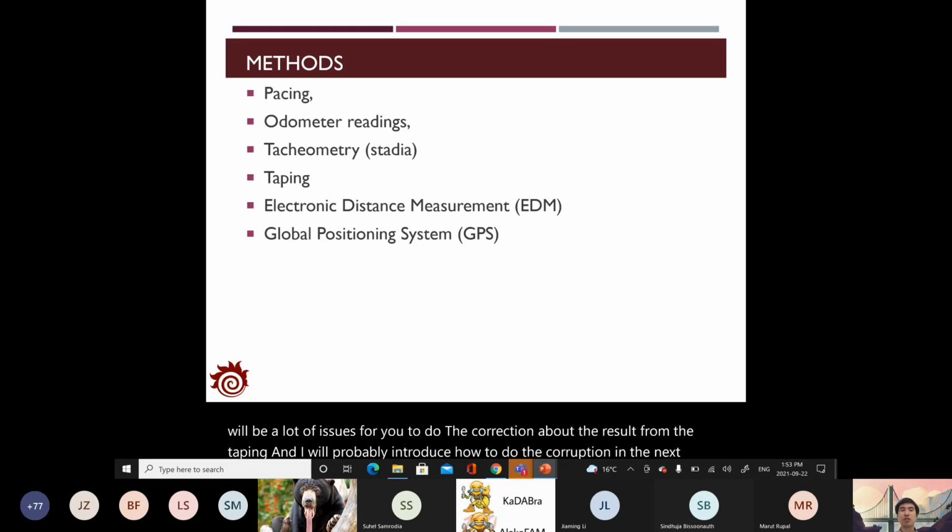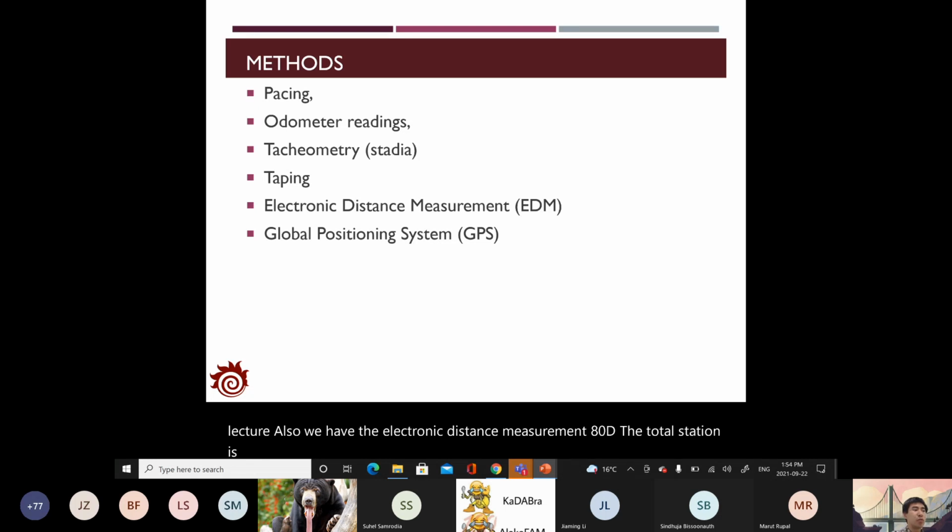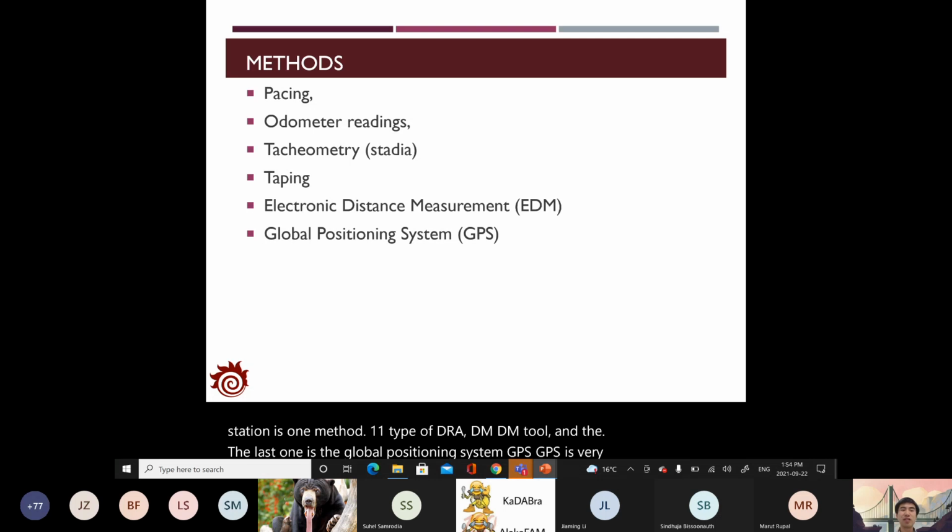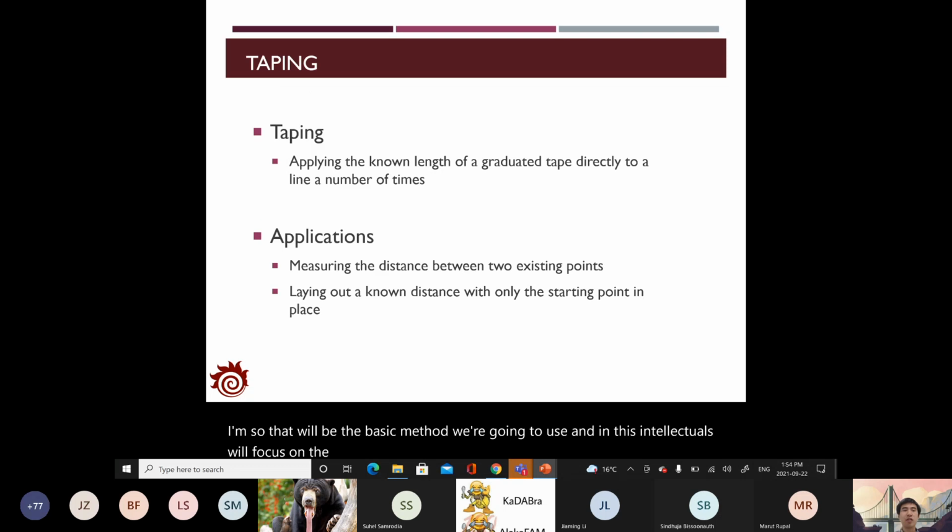Also, we have electronic distance measurement, EDM. The total station is one type of EDM tool. And the last one is the Global Positioning System, GPS. GPS is very simple, but the device is quite expensive. So those are the basic methods. In the lectures, we will focus on the taping method.